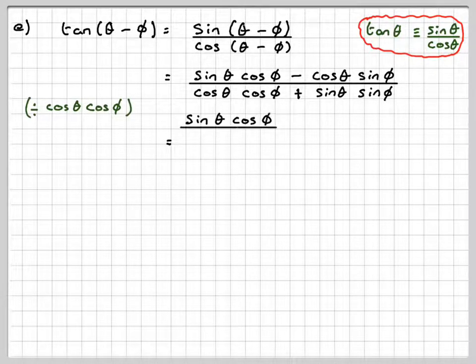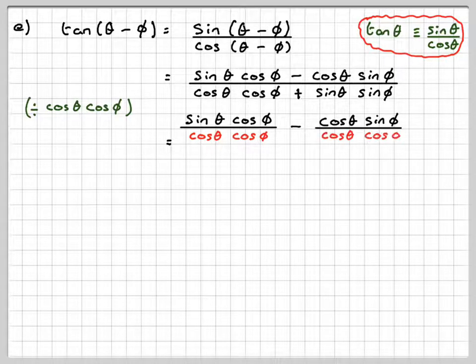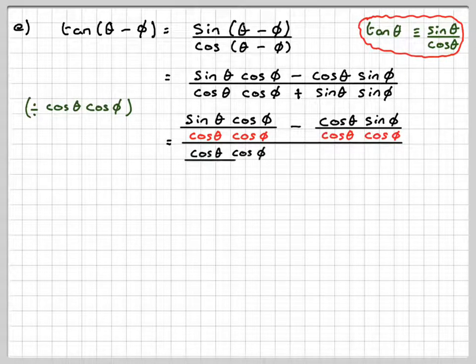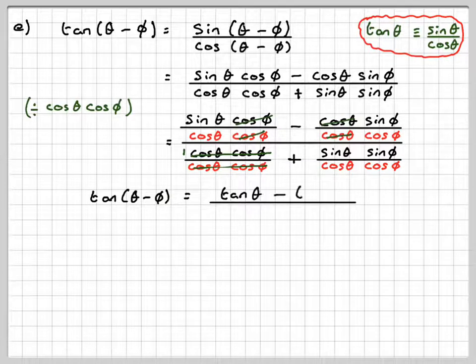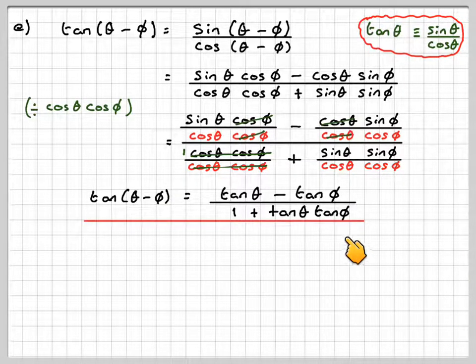So it's going to be very similar to the previous one, but the signs are going to be the other way around. Okay, and then doing the same cancelling as before, we get tan theta minus tan phi over 1 plus tan theta tan phi.